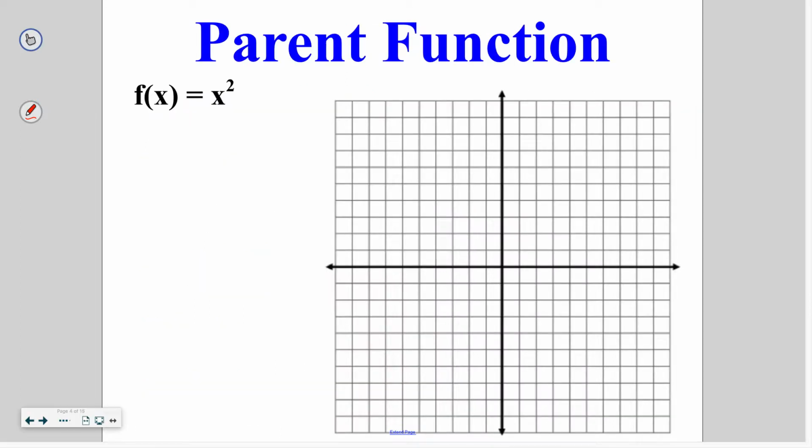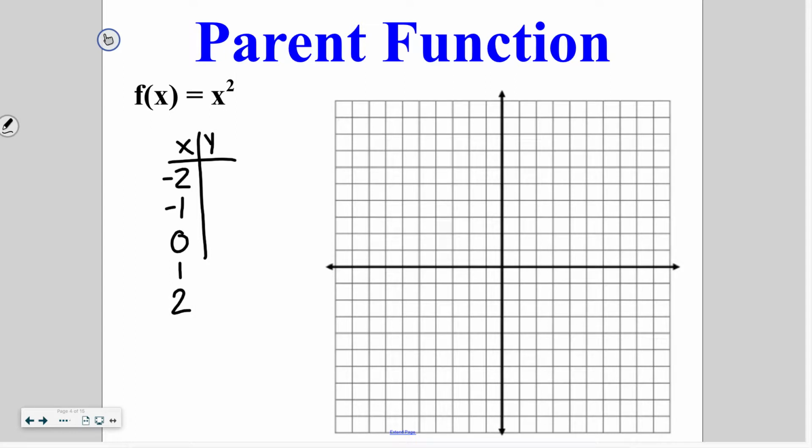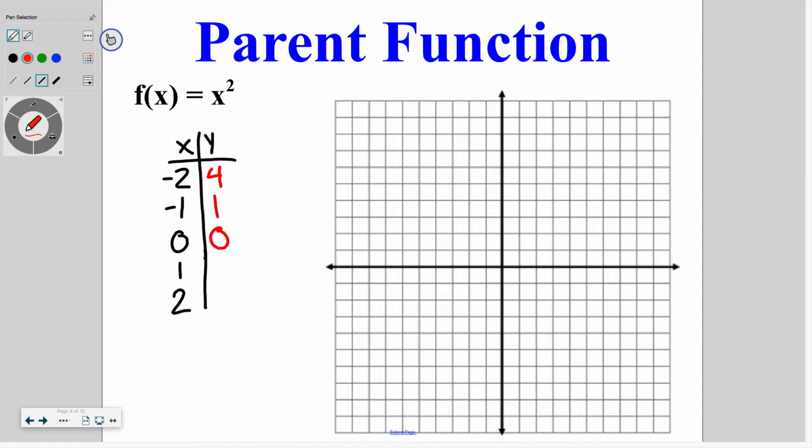So the parent function, I'm just going to go ahead and demonstrate what that would look like. We've got x and y, basic values of -2, -1, 0, 1, and 2. Plugging that in, -2 squared is 4, -1 squared is 1, 0 squared is 0, 1 squared is 1, and 2 squared is 4. So our basic quadratic is going to look like the following.